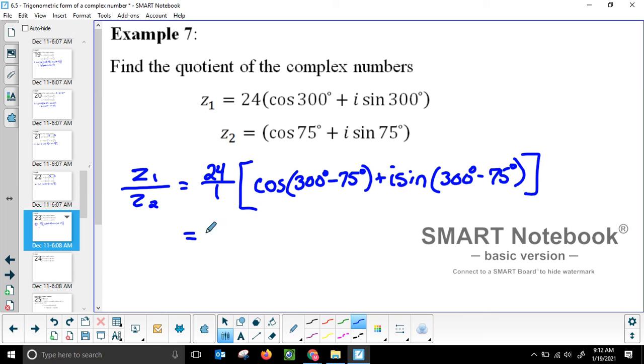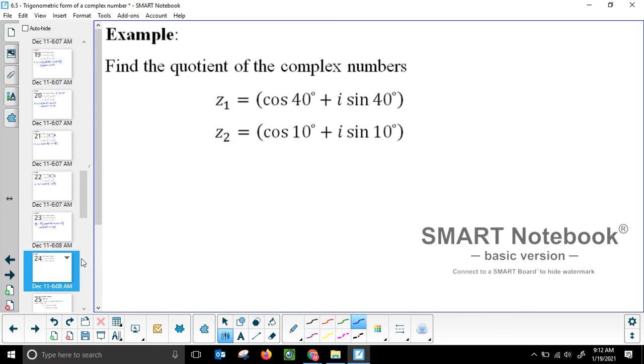So of course that will just equal 24 times the cosine of 225 plus i times the sine of 225. And we're done.